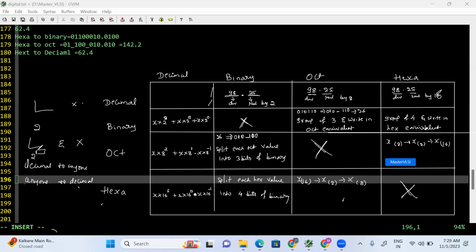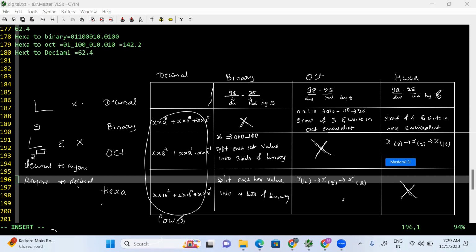So let me just make it like a power. 2 power, 8 power, 16 power. So one side is a power rule they will follow, and the other is the divide and multiplication rule. Clear? So it's very clear to us: decimal to anyone, division and multiplication. Anyone to decimal, power. Clear?